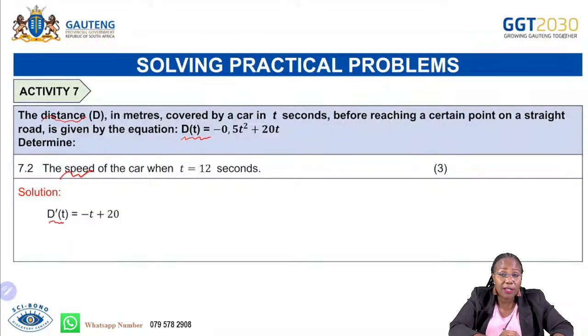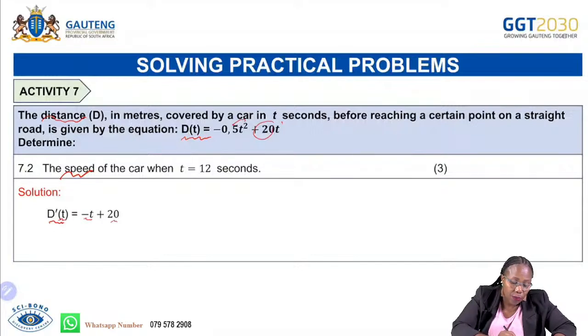As you can see, derivative of distance in terms of t will be 2 times half, which is minus 1, t. And then this one, when you derive 20t, it will take the coefficient that is 20. And then now we are looking at the speed when t is 12. So we are going to substitute t with 12 there.